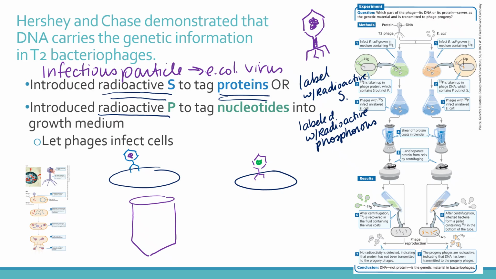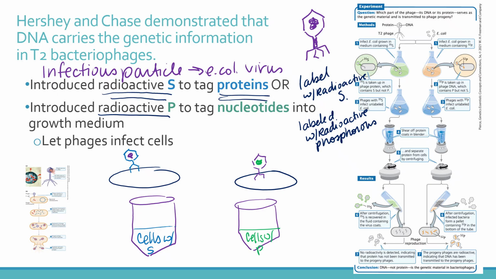And so what they would have expected is that if the cells contained the sulfur, they would be down in the bottom of their tube. And if the cells contained DNA, then they would have cells with phosphorus down in the bottom.